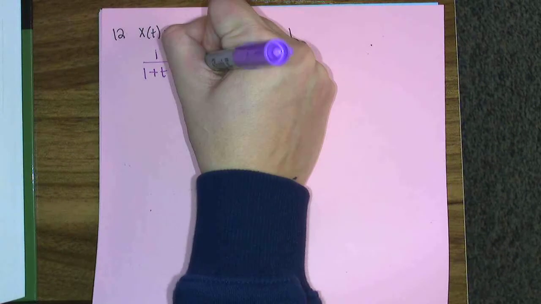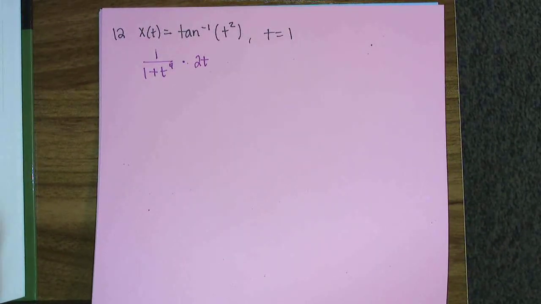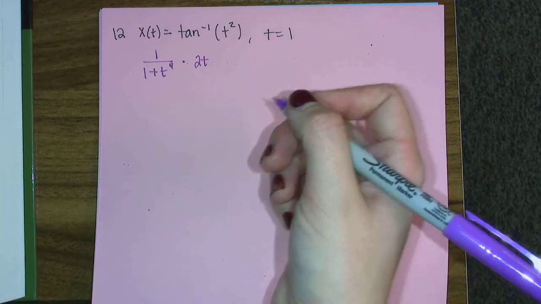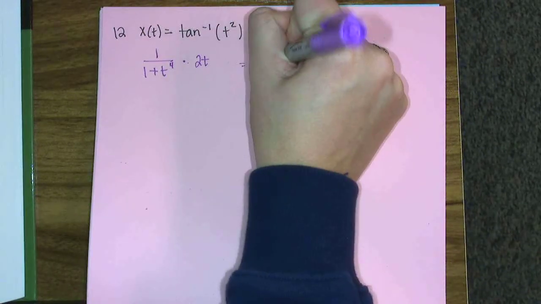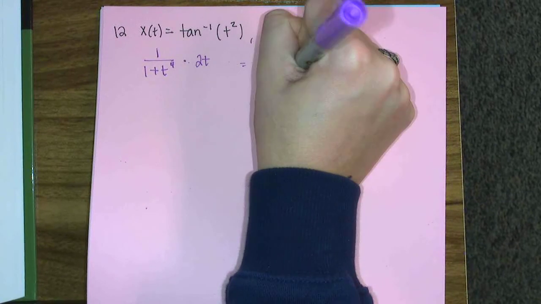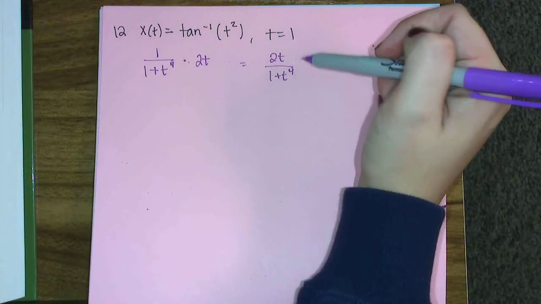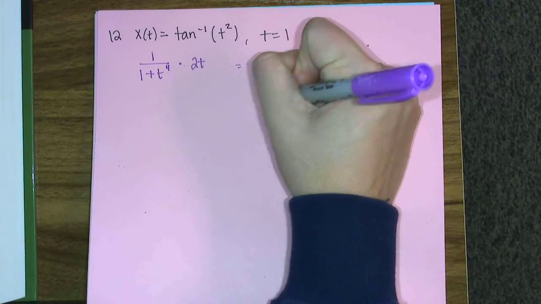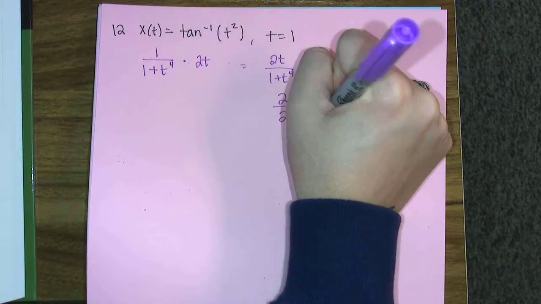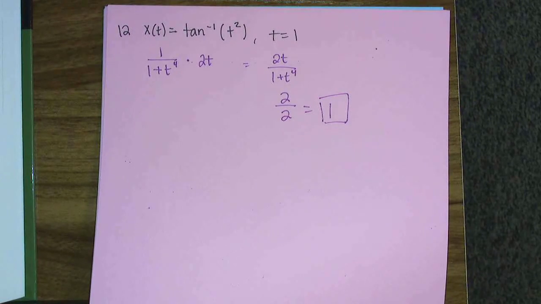Times 2t. I was looking at the wrong problem, and I was like, they have a square root. Something's wrong. So then this is 2t over 1 plus t to the 4th. So then I just plug in 1 for t, so I end up with 2 over 2, which is just 1, so it would just be 1 for the velocity of that one. So those aren't too bad when you have something like that.